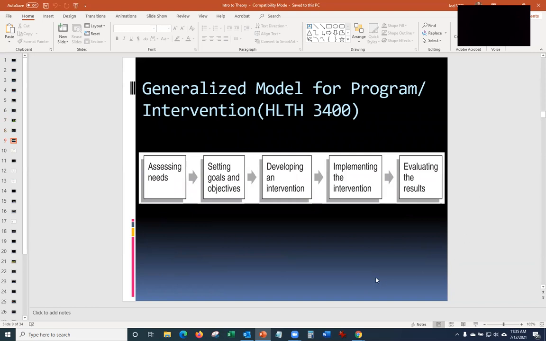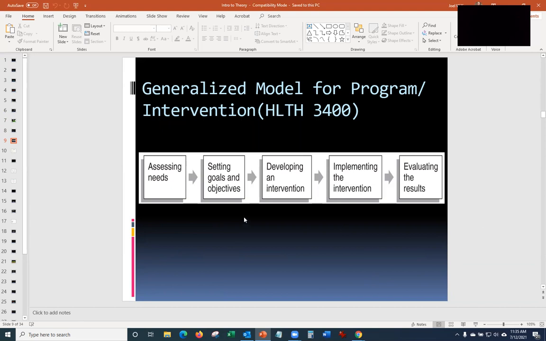So the generalized model for program intervention, and you're going to cover this in great detail in Health 3400. This is the general model for developing, implementing, and evaluating health promotion programs and interventions. And then there are variations of this.